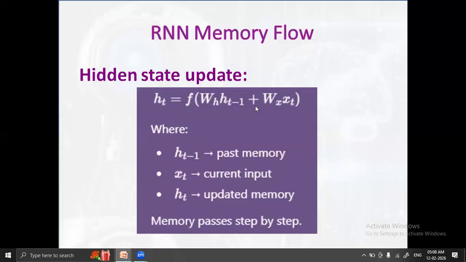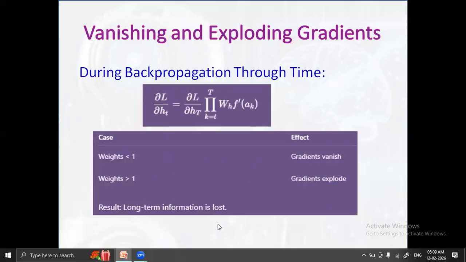The previous hidden state acts as a memory carrier, transferring information forward through time. This step-by-step passing of information allows the network to theoretically remember past inputs. However, because memory must travel through many transformations, important information may weaken or distort as time progresses.